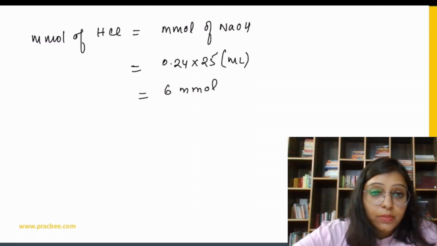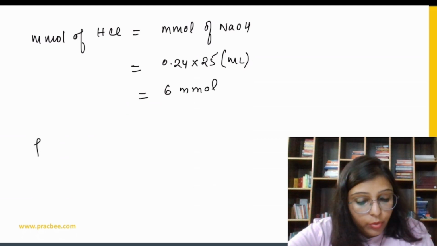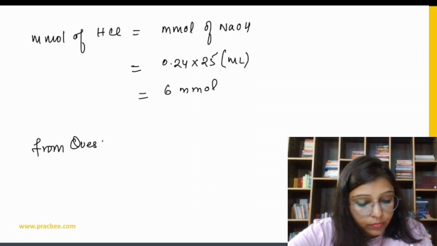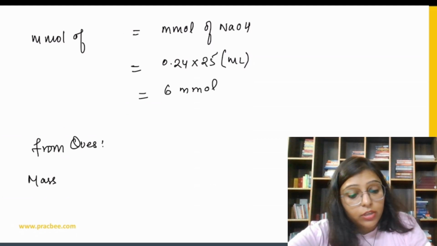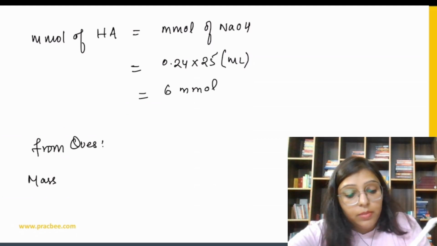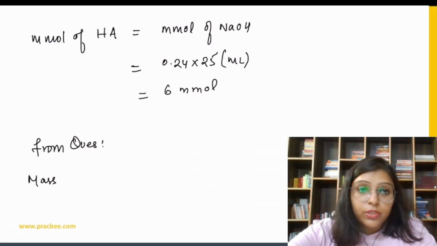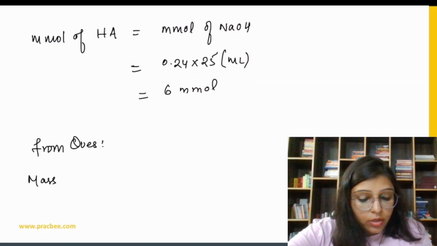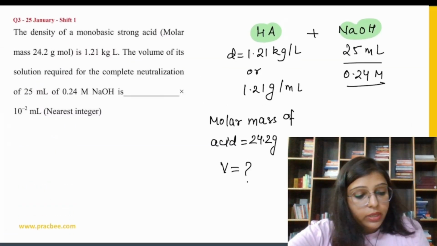So 6 millimole of HA is consumed in the neutralization process. Millimole of HA is equal to millimole of NaOH, which is 0.24 into 25, equal to 6 millimole. From the question, the mass of 1 mole of HA is equal to 24.2 gram.